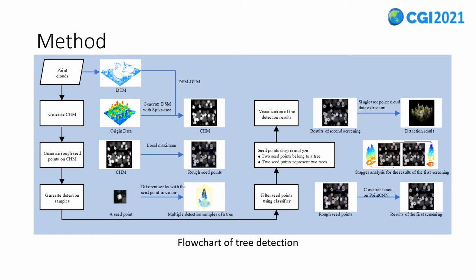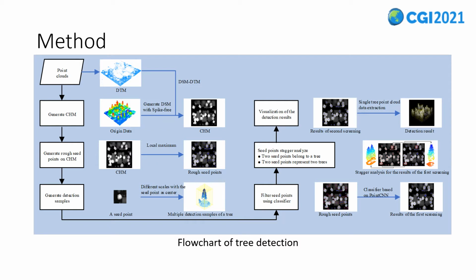Let me introduce our method. As you can see in this slide, the whole flow chart of tree detection is shown here, with the input of point clouds. This method first builds a canopy height model using raw LiDAR point clouds and obtains rough seed points on the CHM.